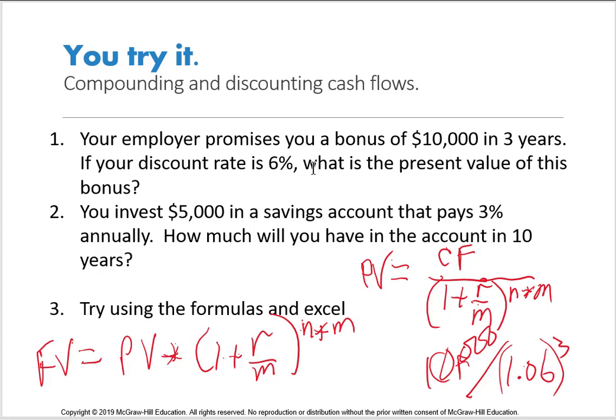So this is just $5,000 times 1.03 to the 10th power. If you do that math, it's roughly $6,719 and some pennies. So that's how we do this simply with the formulas.